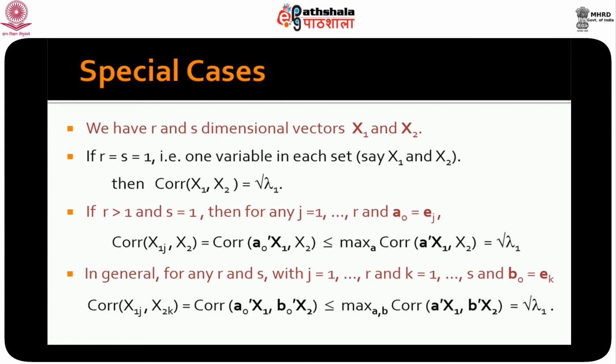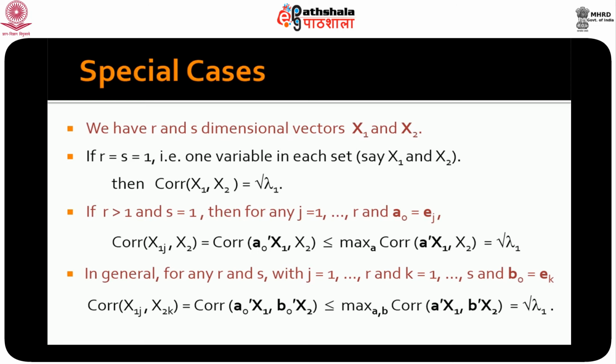So what does this tell us? This tells us that if we pick up any variable from the first set and compute its correlation with any variable from the second set, then this must be smaller than the first canonical correlation.